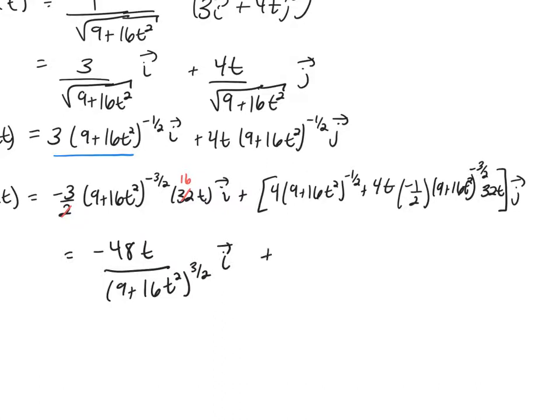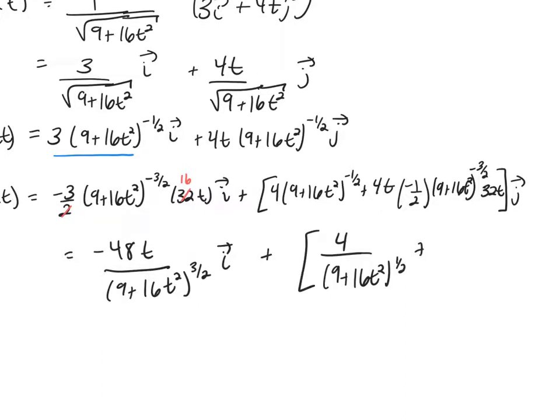And then over here we're going to have 4 over the square root of 9 plus 16t squared, we'll just leave it as a 1/2 power, I guess.